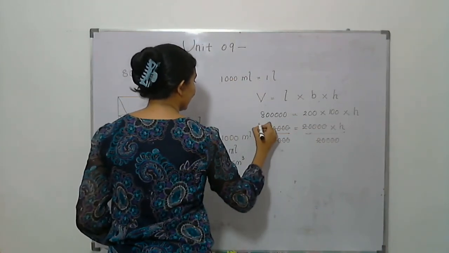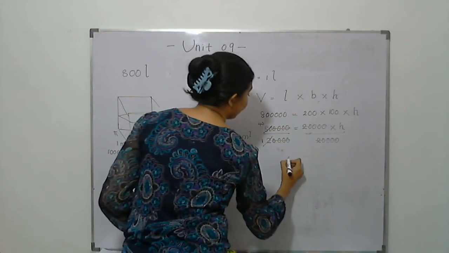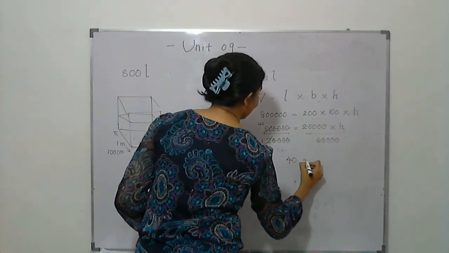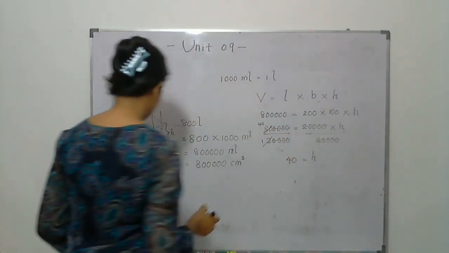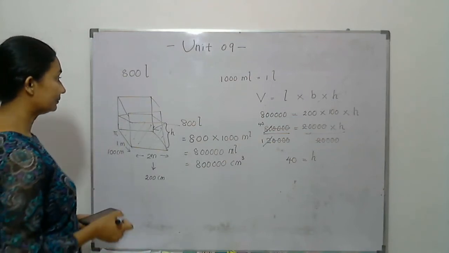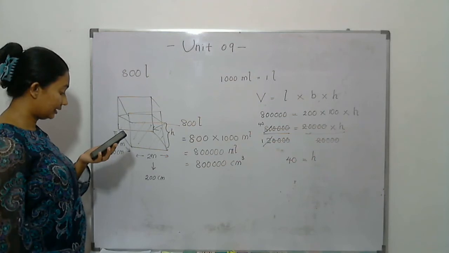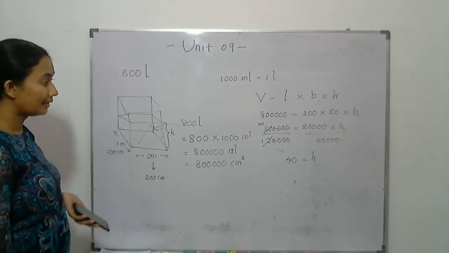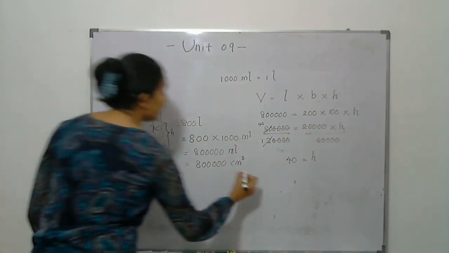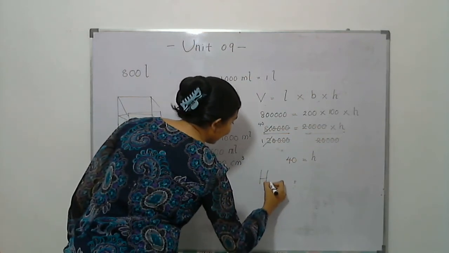How many 2's are there? 40. Then 40 equals h. Then height is 40. Therefore we can write height.